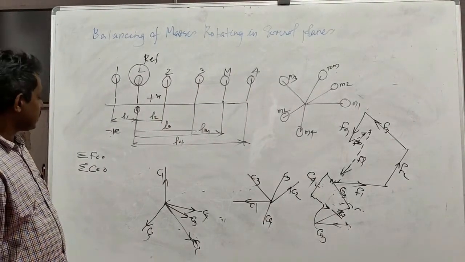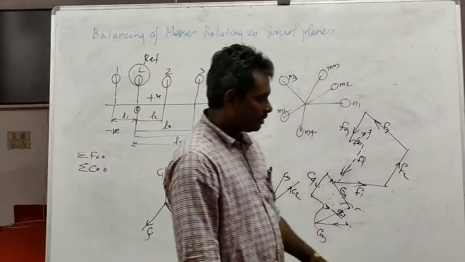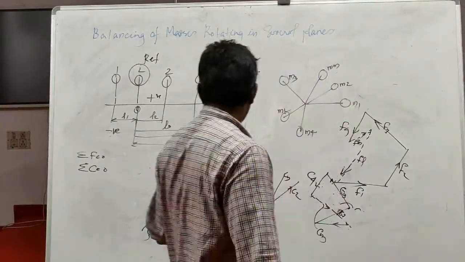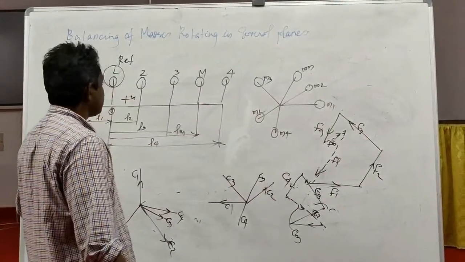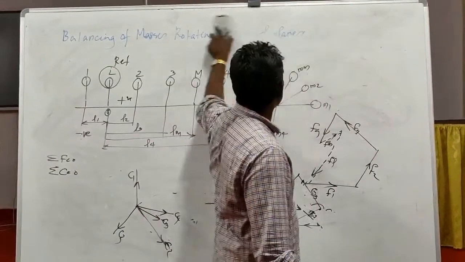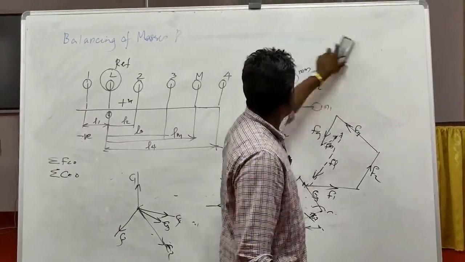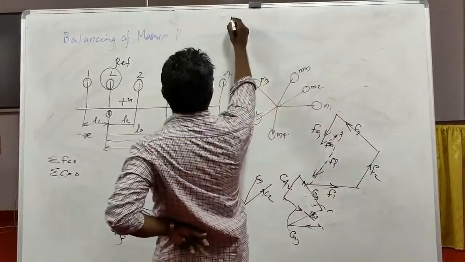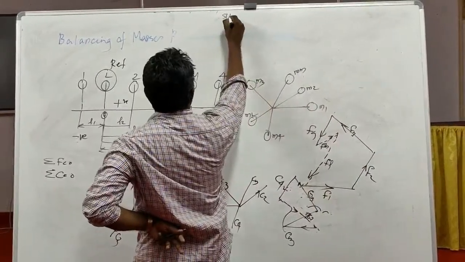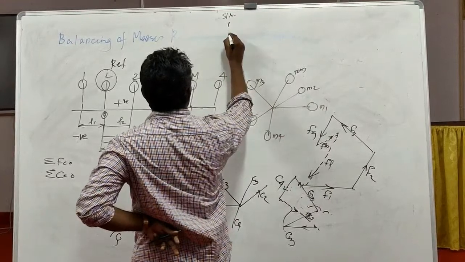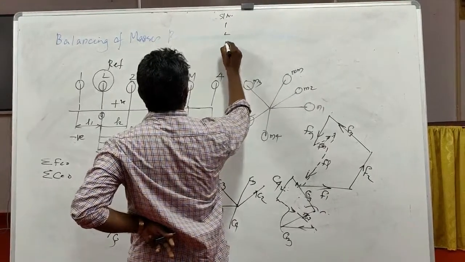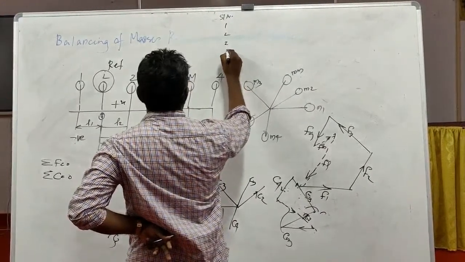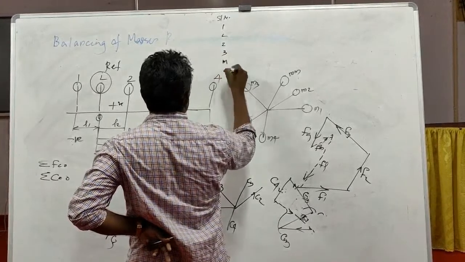To help you draw the coupled polygon and force polygon easily, you can draw a tabular form, which I will explain. First, the serial number, where you mark reference plane 1, L, 2, 3, M and 4.